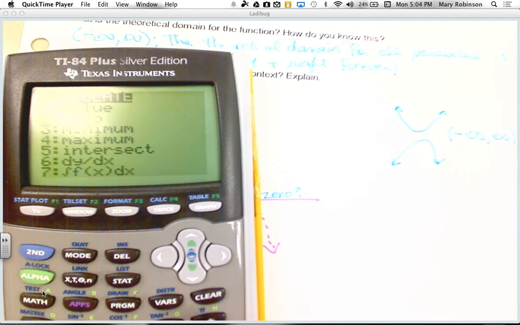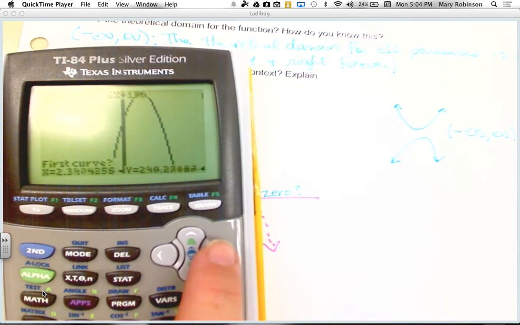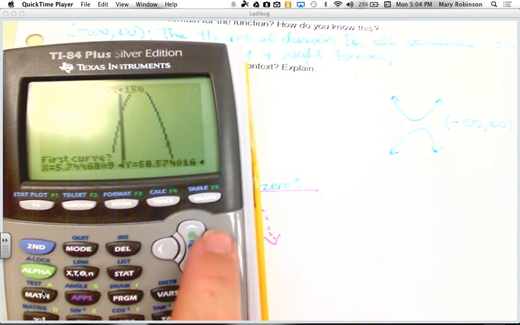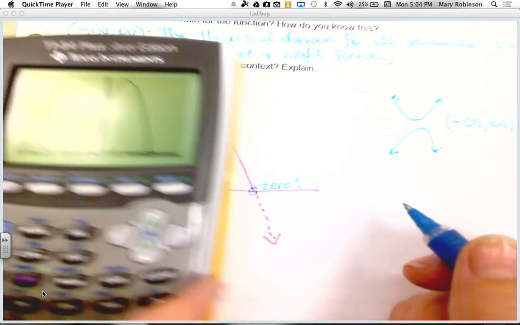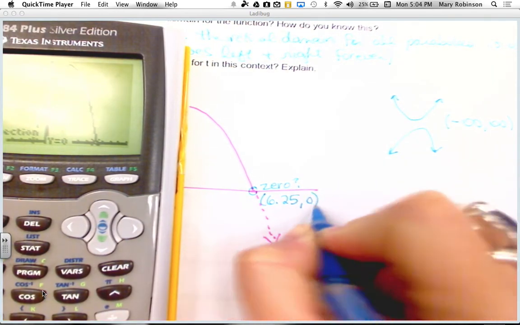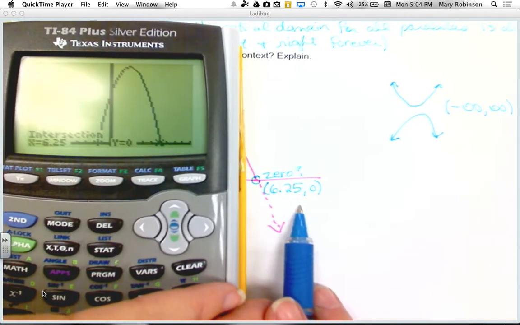Sorry about that. So second trace 5, we want to move our cursor just like we did with problem 2, where we had to move it over to find the 0 and hit enter, enter, enter. And we can see that the graph is going to hit the x-axis at 6.25 seconds. So at 6.25 seconds, our height is 0.